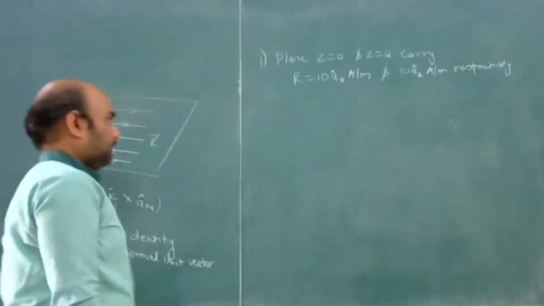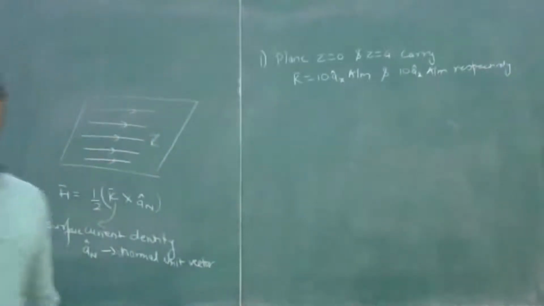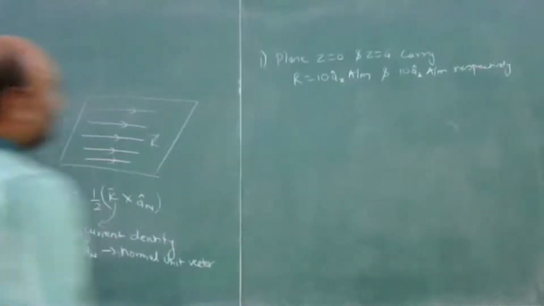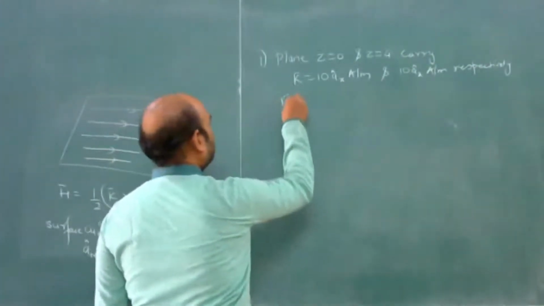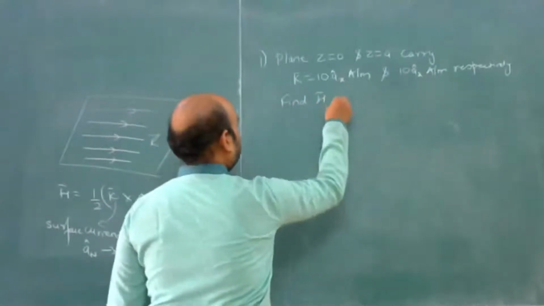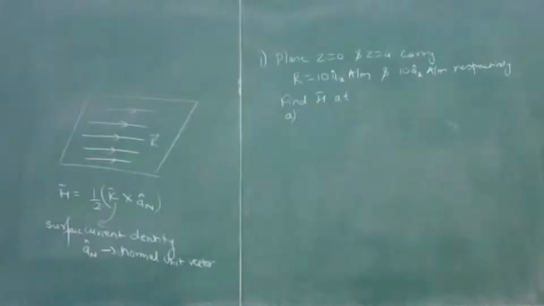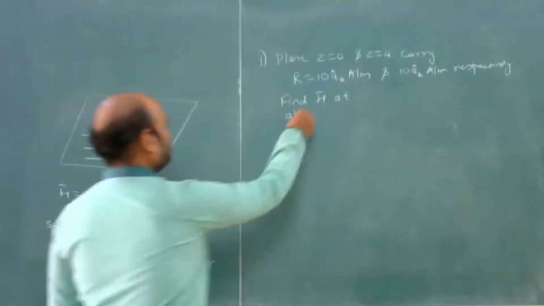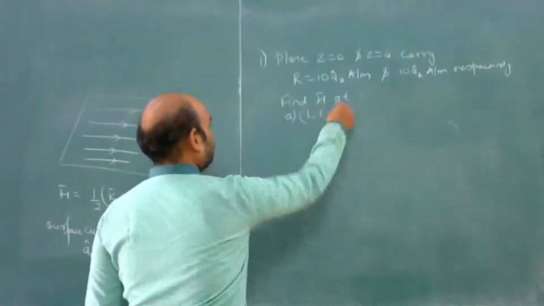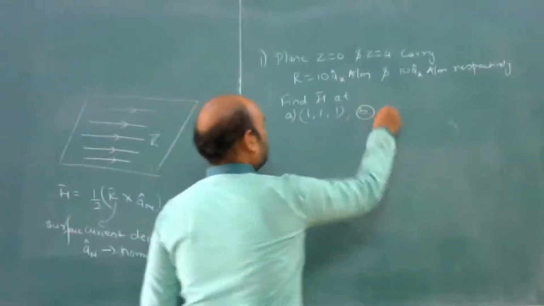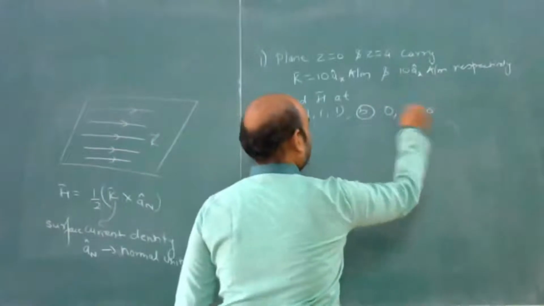You have to find the vector H at point A, which is (1, 1, 1), and at point B, which is (0, -1, 1).